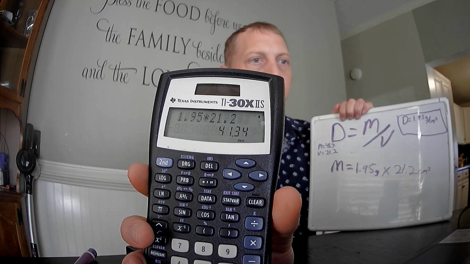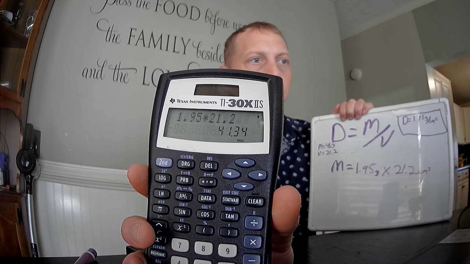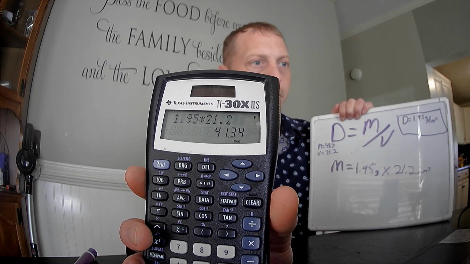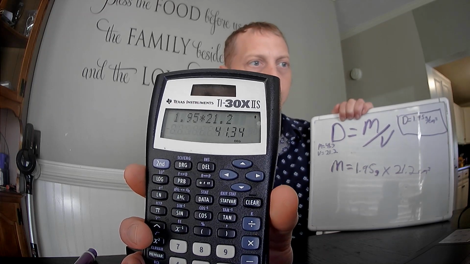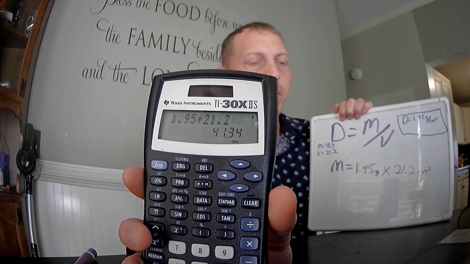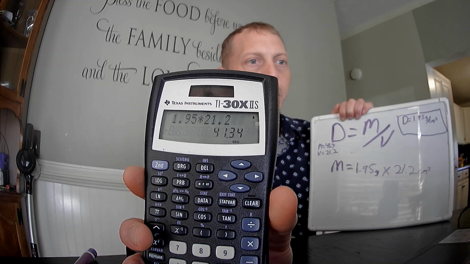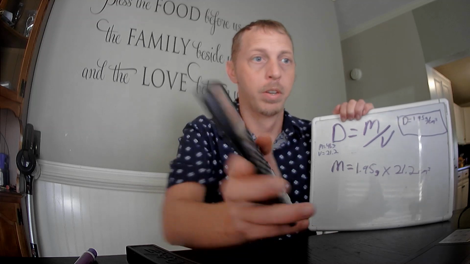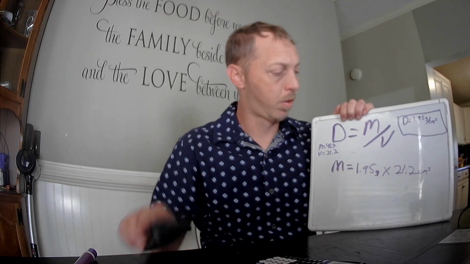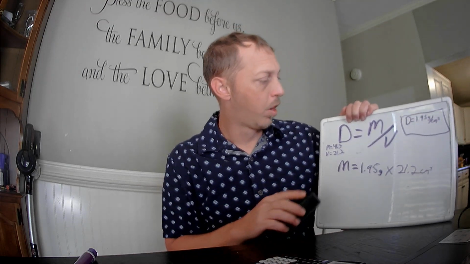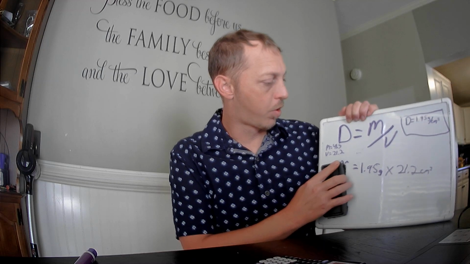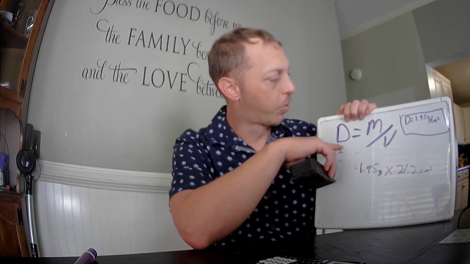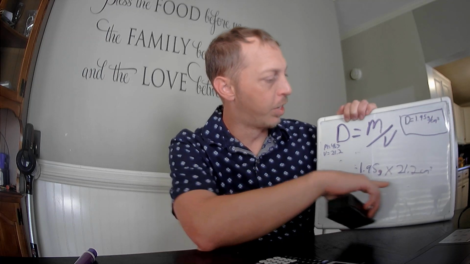And this is how I plugged it into the calculator like this. 1.95 times 21.2. And that ends up with 41.34. Since we only have three significant figures, the answer actually reverts to 41.3. So mass would equal the density times the volume.